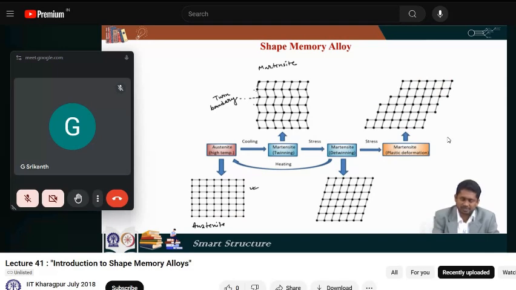So it has a twin structure and this is a twin boundary. Now at this twin boundary, the structure does not break, it just shows a twin shape.